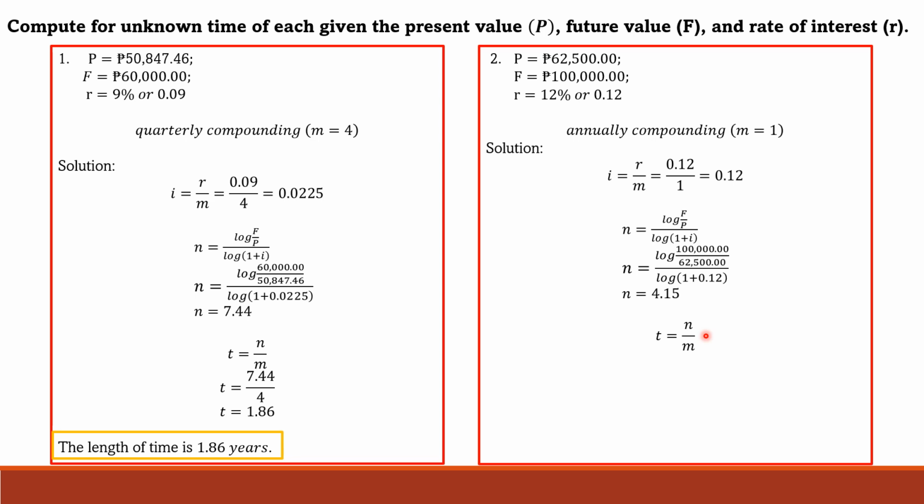Okay? Now, yan yung isa-substitute na natin to solve for the length of time. So, 4.15 divided by, ang atin pong M is 1. No? So, 4.15 divided by 1, length of time is 4.15 years.